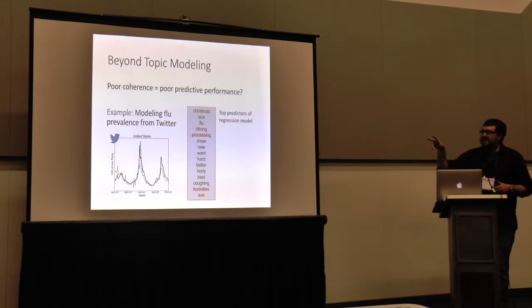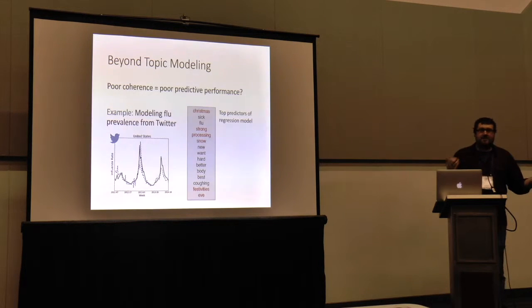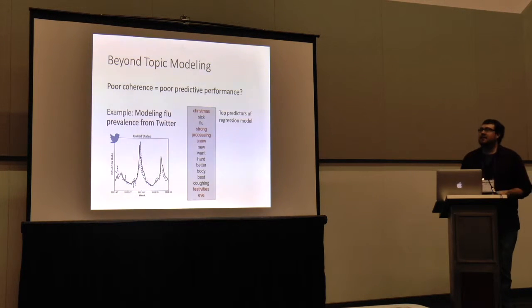Well, what's concerning is that because the flu tends to happen in the winter, the word Christmas is actually a better predictor of flu than the word flu. So this is unfortunate. What this means is that this model won't perform well in a year where the flu happens, say, in September, which does sometimes happen.